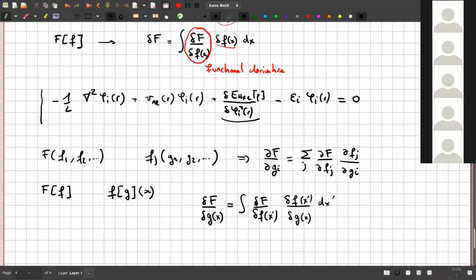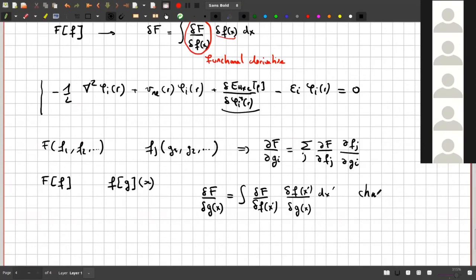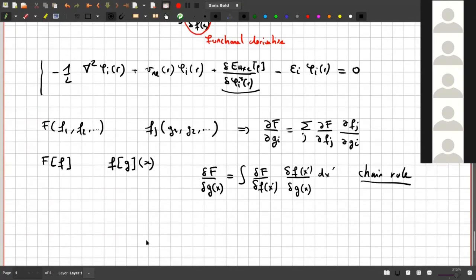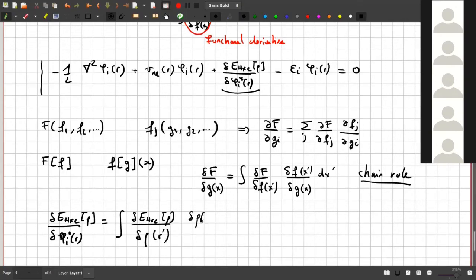Again, it's really the analogous. So I will use that to obtain this expression. Now I can write this, according to the chain rule, as the derivative of the functional with respect to rho of r prime, and then the derivative of the density with respect to phi_i star, integrated over r prime.